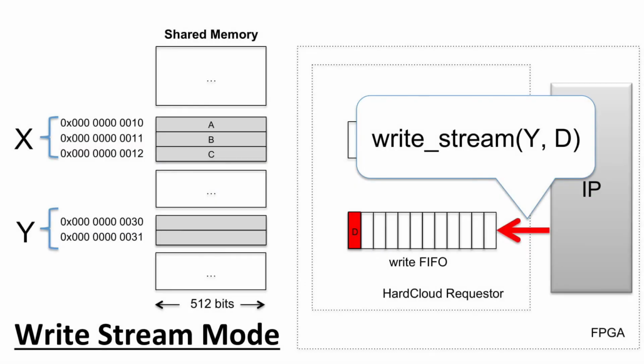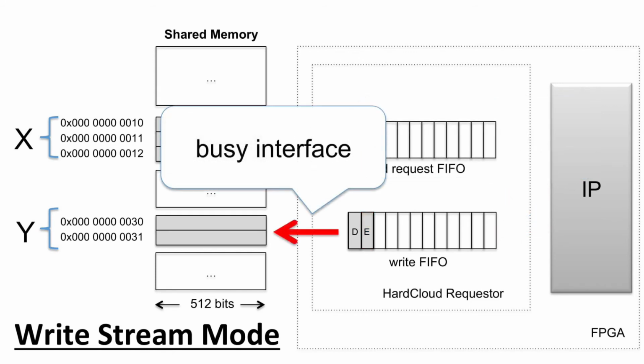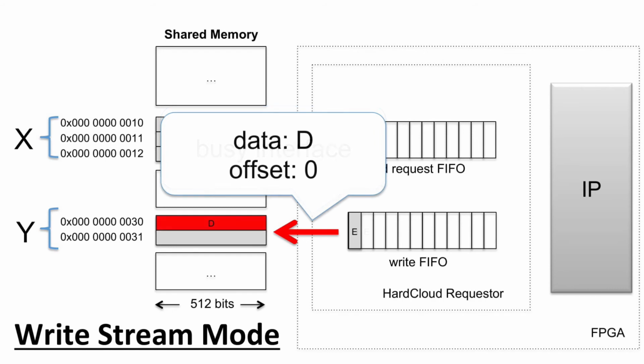Now, the IP calls the write stream function from the buffer port to write D to buffer Y. Next, the same function is called to write the data E to the next address because it's a stream operation. The HardCloud requester waits until the next subblock status is not busy, then writes D to offset 0, and after that writes E to offset 1.